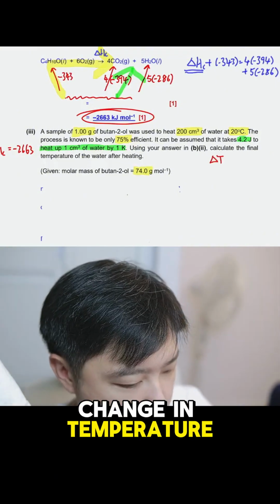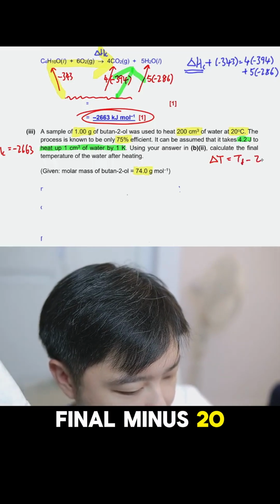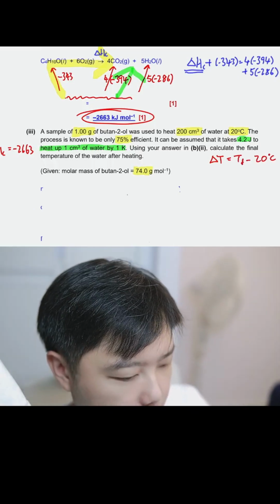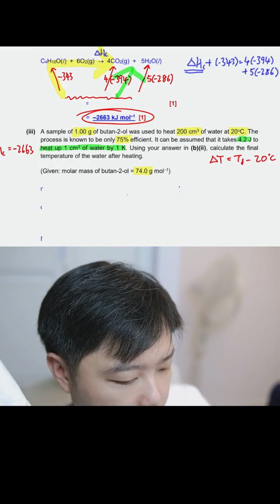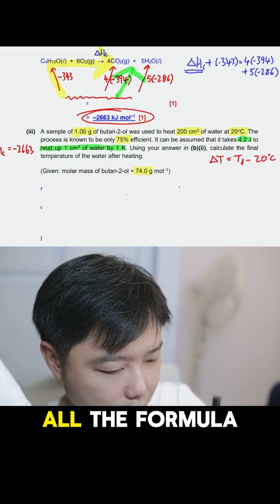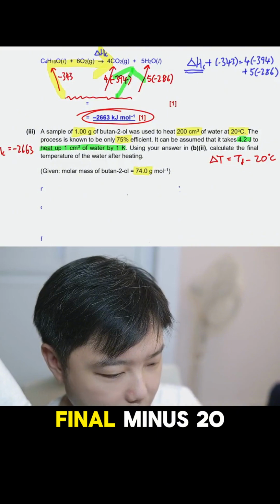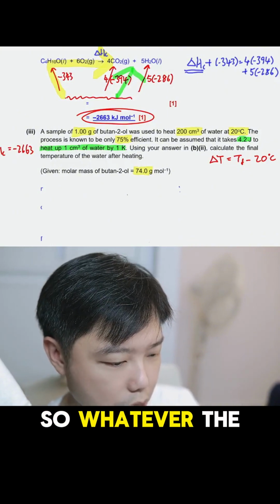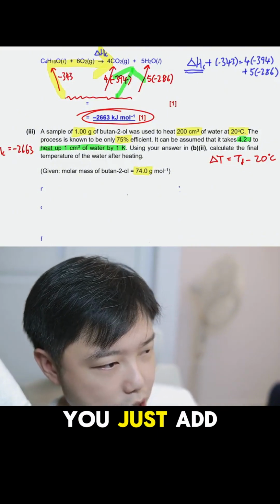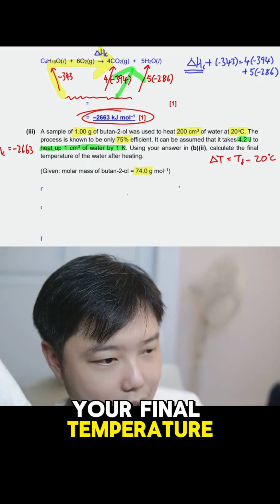And this change in temperature will be T final minus 20 degrees. So after all our calculation with the mc delta T, all the formula, whatever the change is, you just add 20 degrees to it. That will be your final temperature.